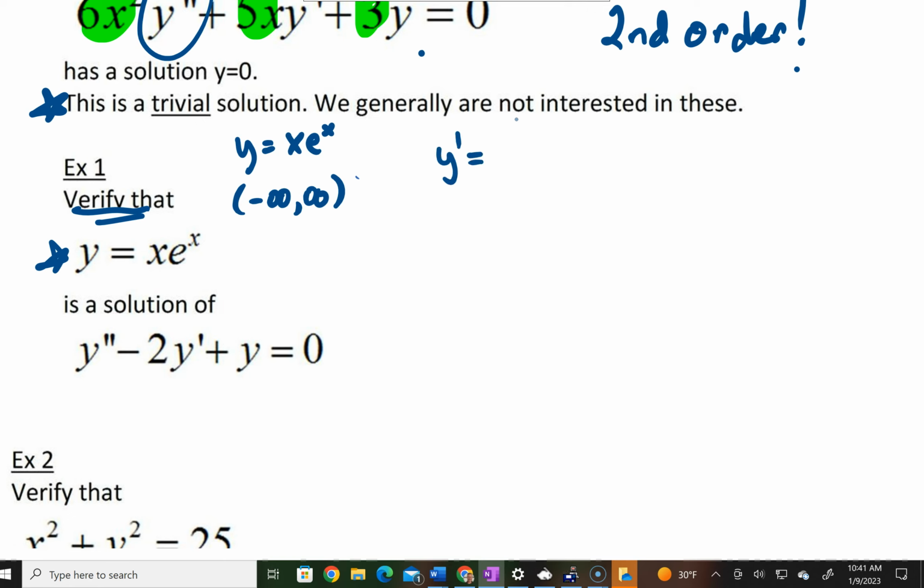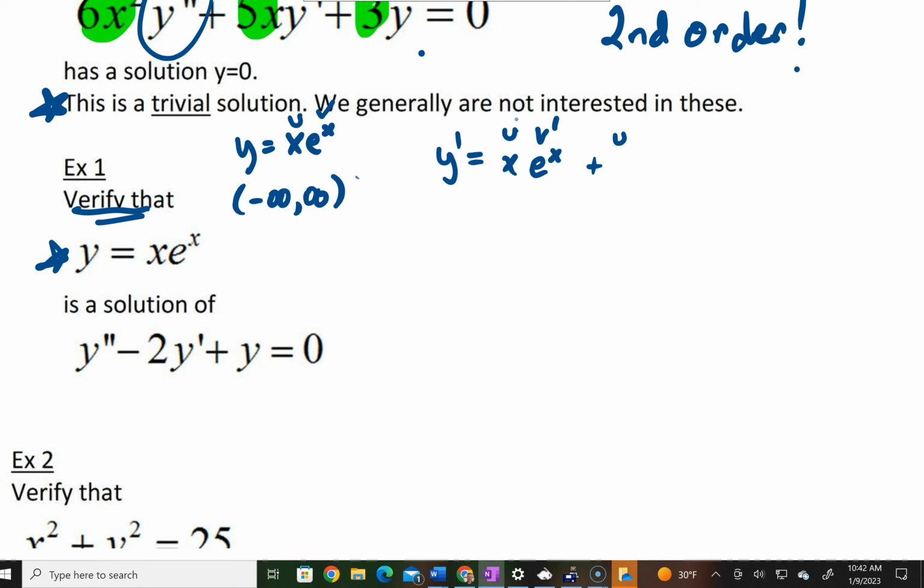Now, ironically, I said we're not going to be taking derivatives as much in this class. At least for right now, we will. That's kind of the funny thing. So we're looking here. What rule do you think we're going to use to take a derivative? Product rule. And we'll have a u v prime. Well, that's x, and v prime is just going to be e to the x.